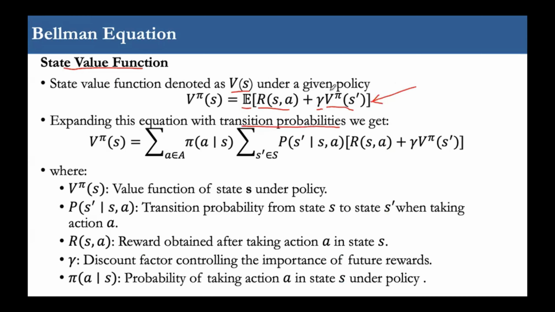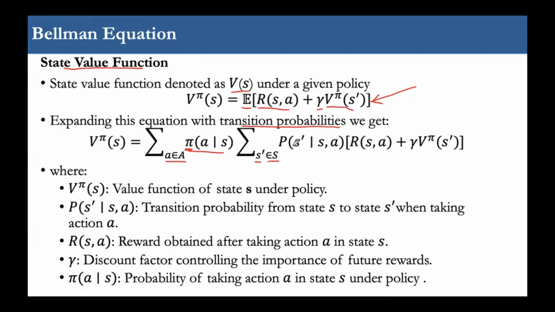So we can expand this particular equation using the transition probability. Our equation will become V pi of S is equal to summation of A belongs to the action set capital A, pi of A given S. Pi is nothing but the probability of taking action A in state S under the given policy pi, into summation of S dash belongs to S. So S dash is the possible next states.